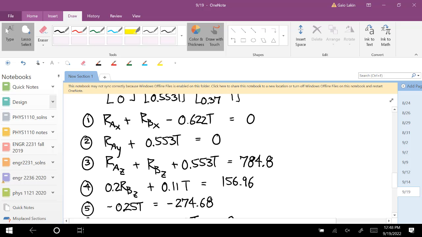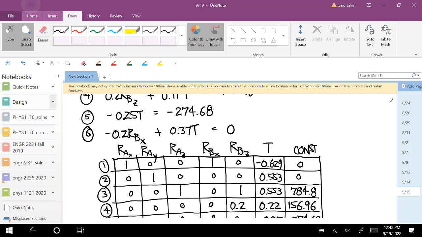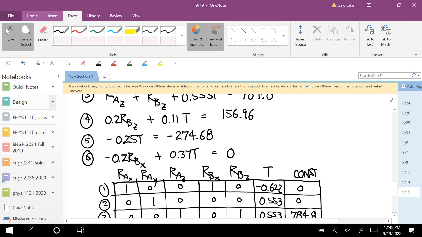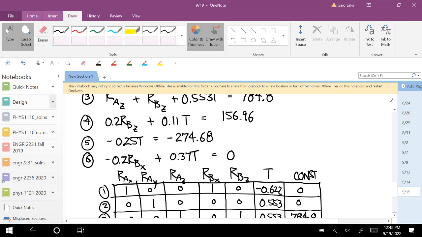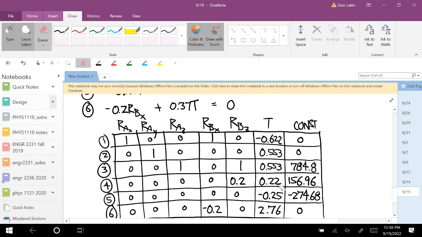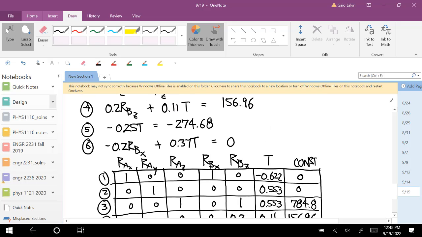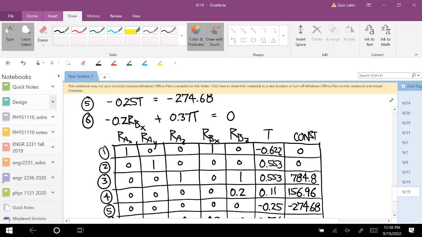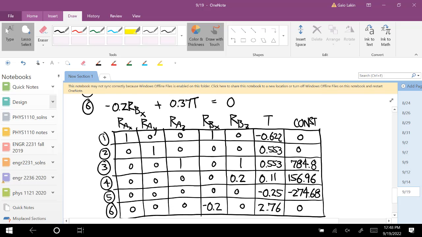So what changes: for 1, this should be 0.622. For 4, this should be 0.11. Five stayed the same, and then 0.2 and 0.37.